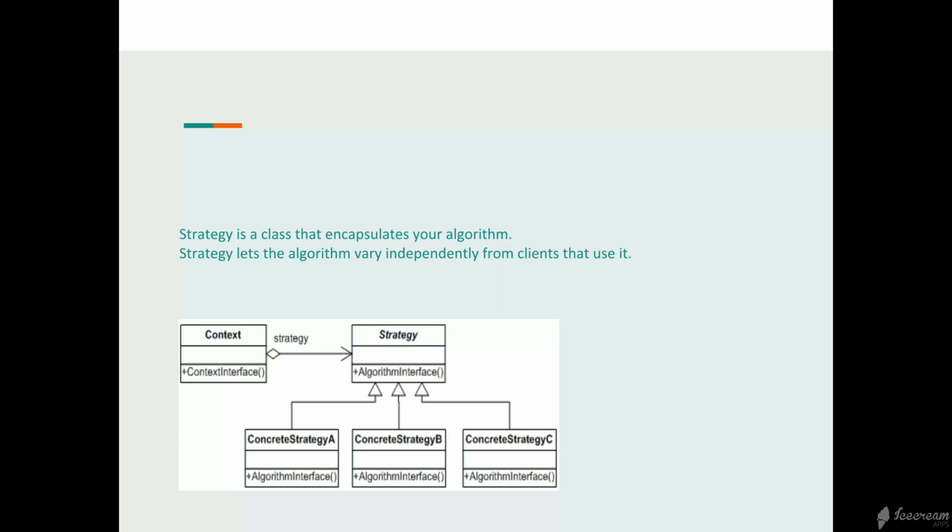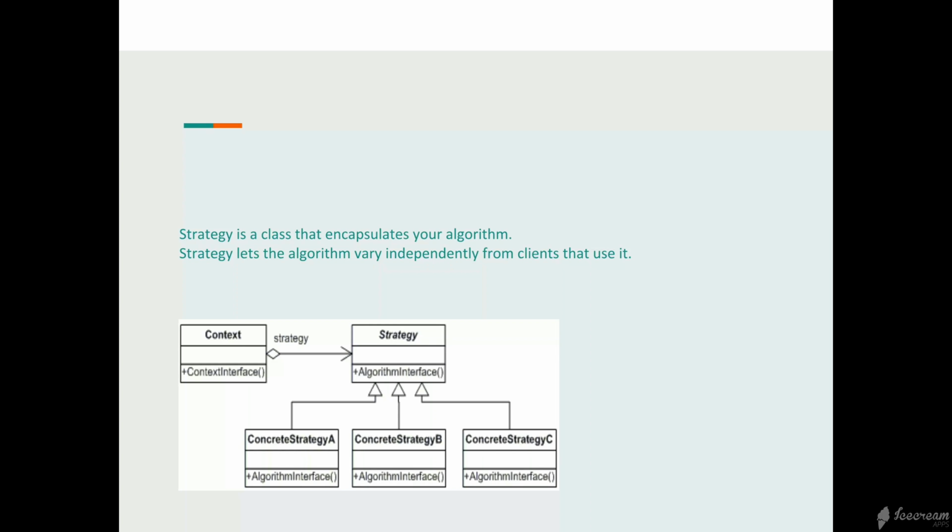Here, outside means the client who is going to consume our business library. Strategy basically exposes only the interface, not the implementation, to the client, and that way the client doesn't know how the actual code or algorithm is implemented, and thus it allows the client to change the algorithm.